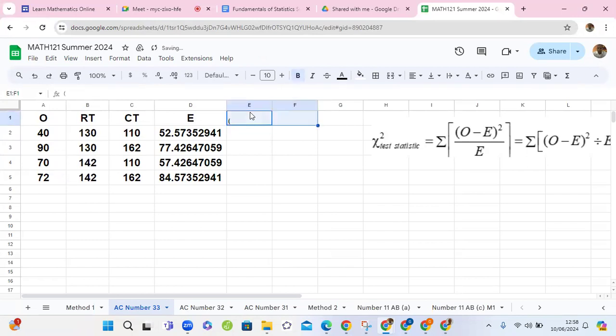which is observed minus expected, all squared divided by the expected.